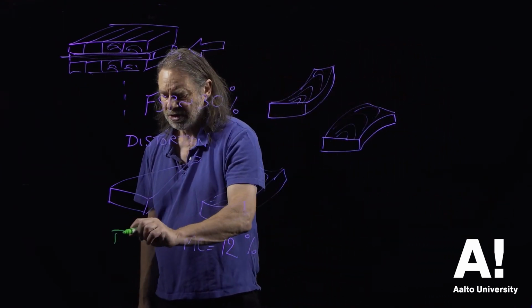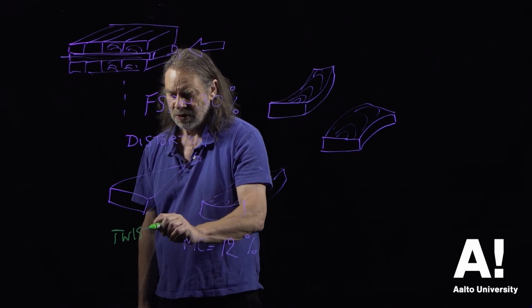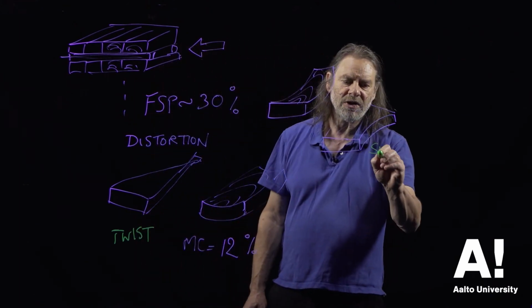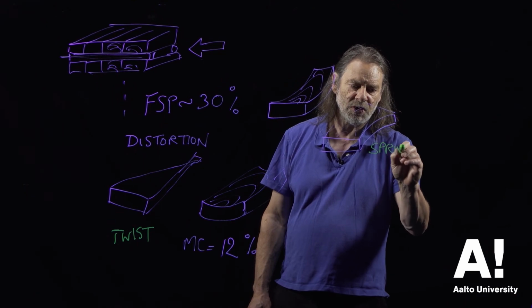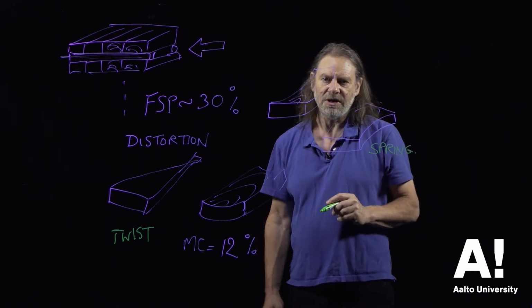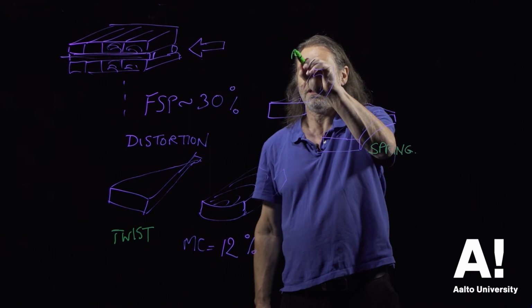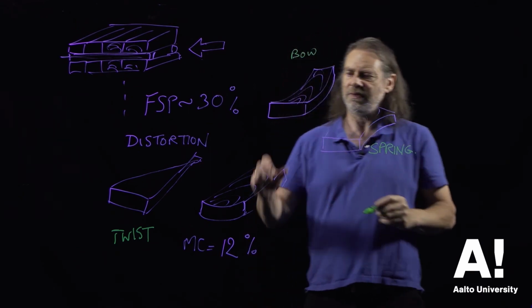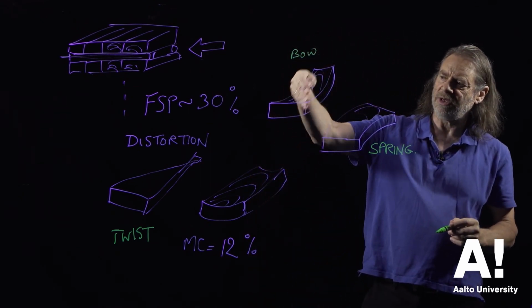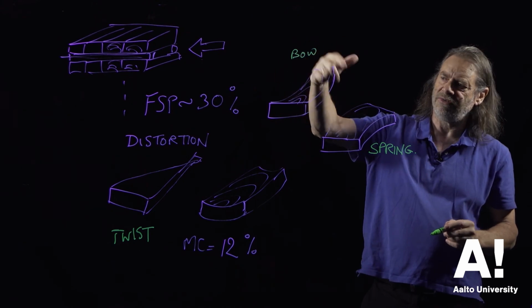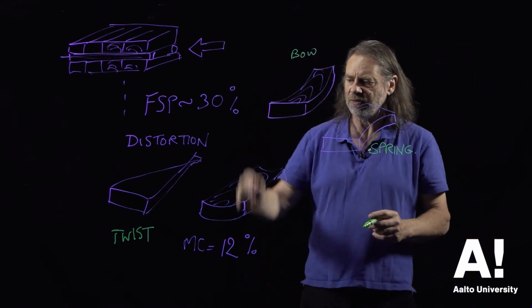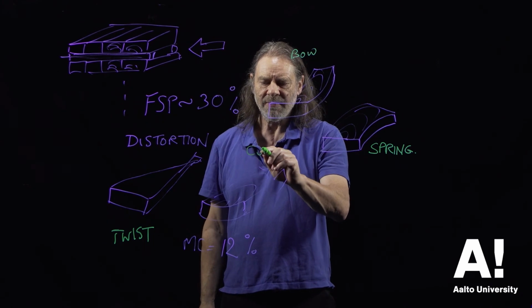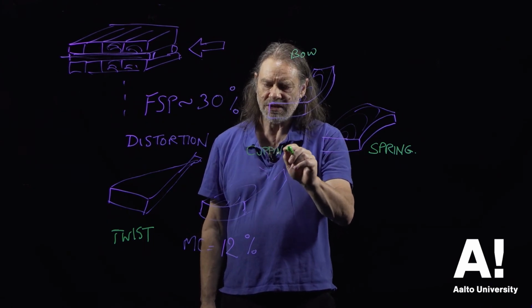So probably the most serious of these is twist and spring, because these are the ones that are more difficult to deal with in service. Bow is quite common but relatively easily dealt with, because with something like a floorboard you can just nail that flat and that will pretty much remove that distortion. And cupping, hard to avoid in practice.